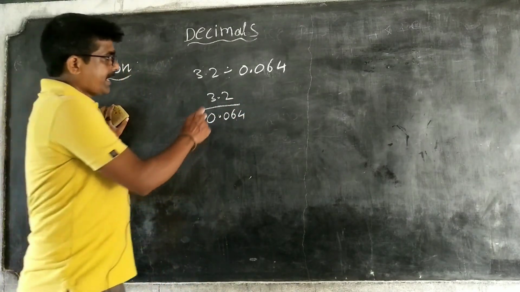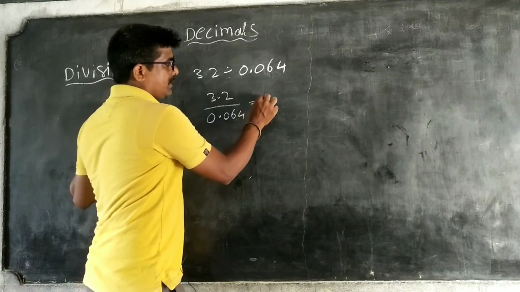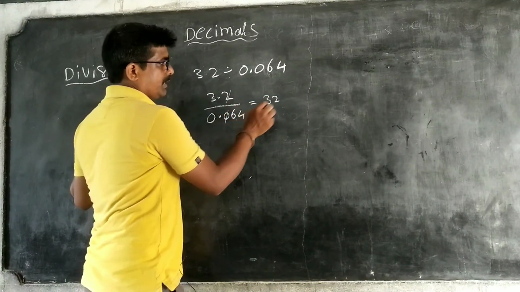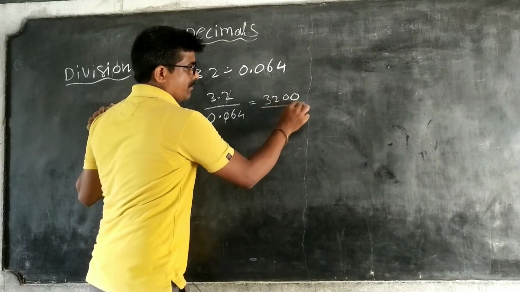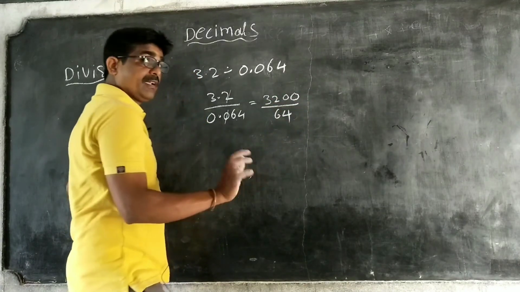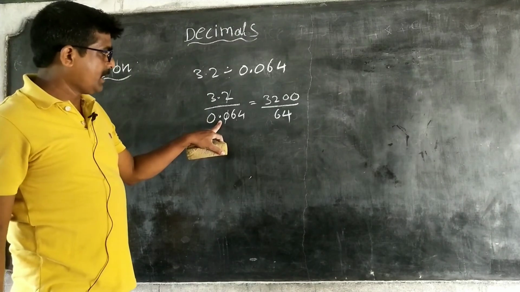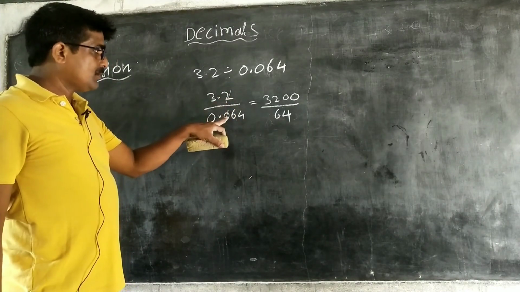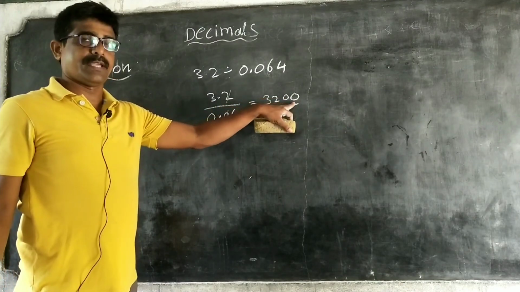So cancel, here simply write 3, 2. Here 1 decimal is over. Next after 2, that is equal to 2 zeros by 64. Don't be confused. The point is after 3 decimals here, but here only 1 decimal. So we have to keep 2 zeros.